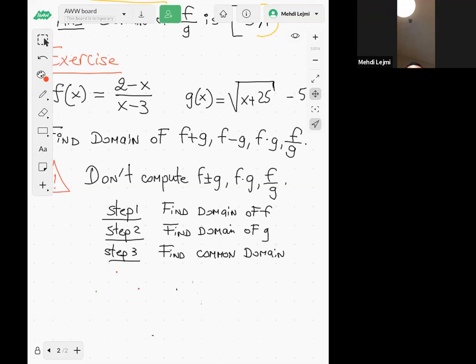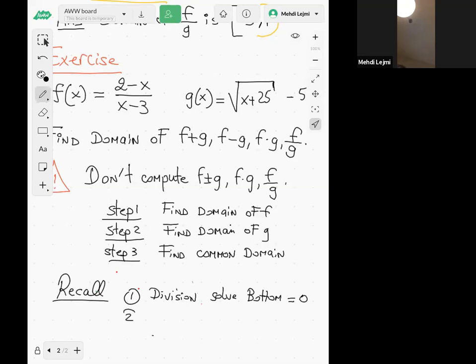Are you sure about the domain of F? What's the domain of F? I think you made a mistake with the domain of F. Just to remind you guys, if you want to find the domain, there are two things. If you have a division, then you have to solve the denominator equal to 0, and you have to exclude these values from the domain.